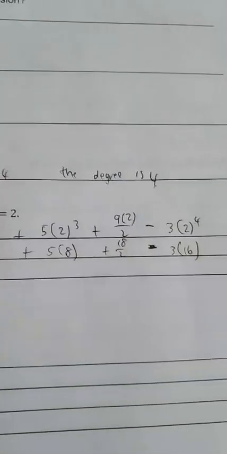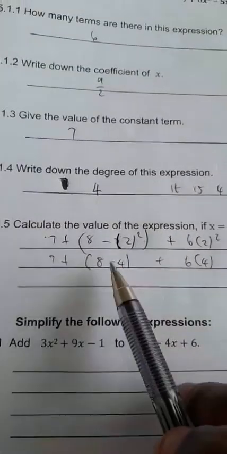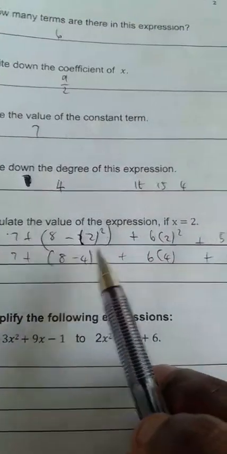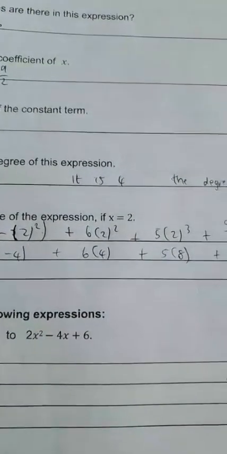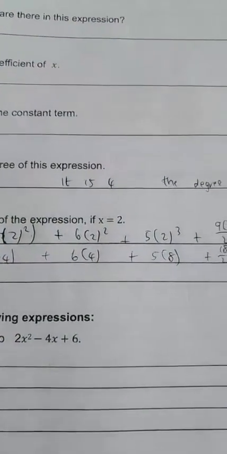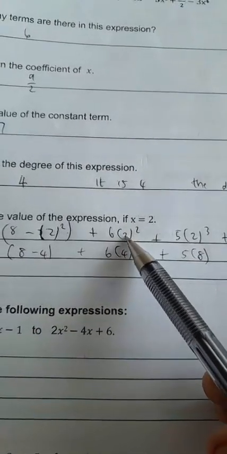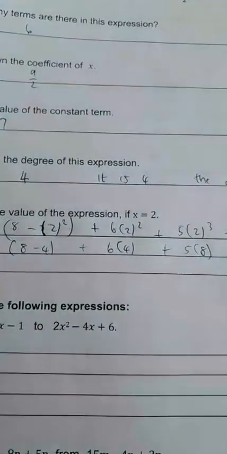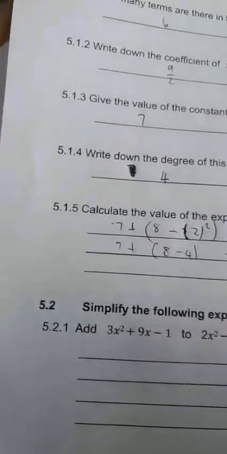It's just application of BODMAS, if you know what I mean. So 8 minus 2 squared is 4. Remove the bracket. 6 times 2 to the power 2, because BODMAS applies. You can't multiply this 6 and this 2 before applying the exponent to the 2 first, because it's brackets, then exponents, then division, multiplication, addition and subtraction in that order.